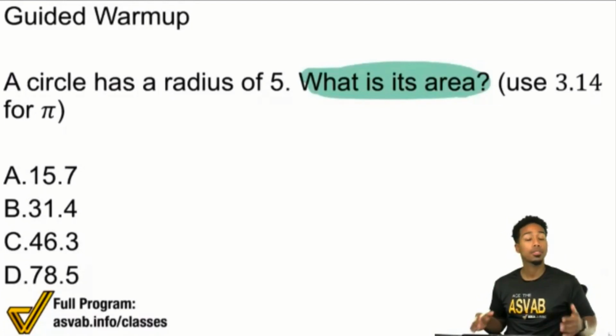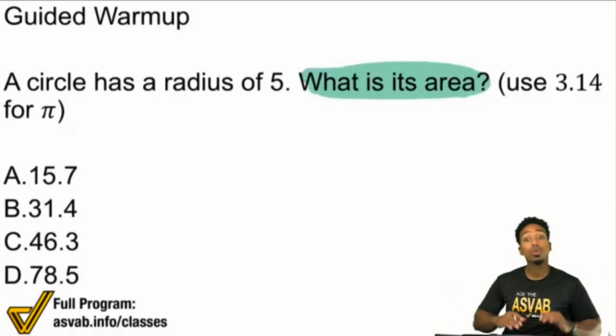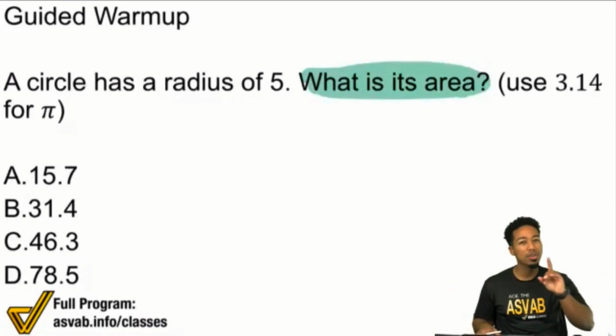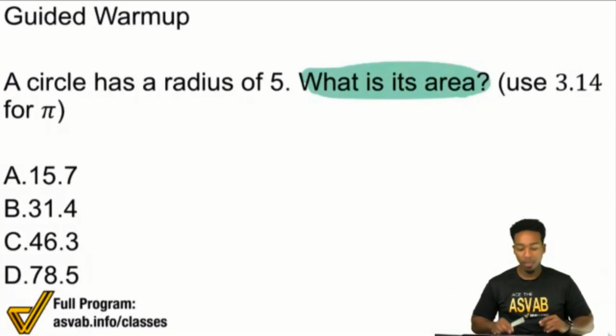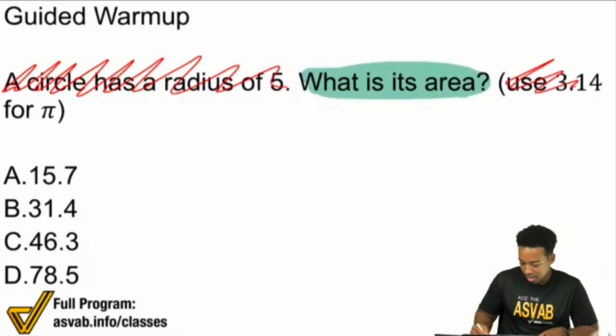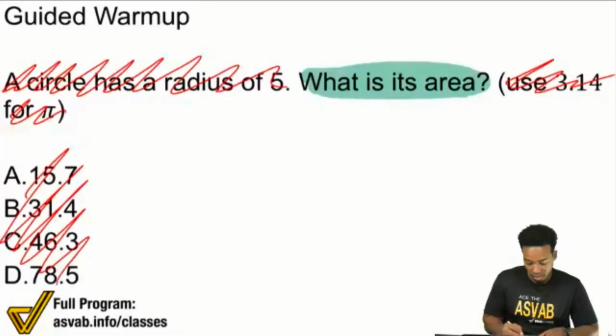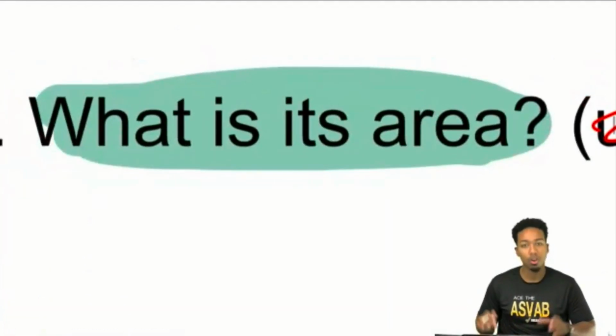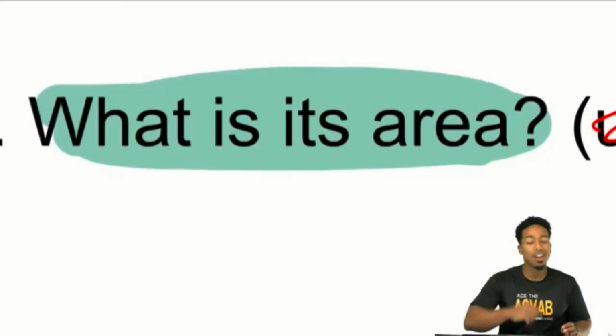Now, if we were to only see what's the area with no other information, everybody, what's your follow-up question? If you were just in a dark room and then the lights turned on and the question was, what's the area?